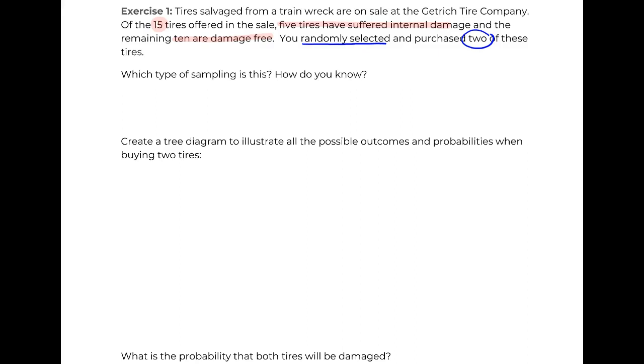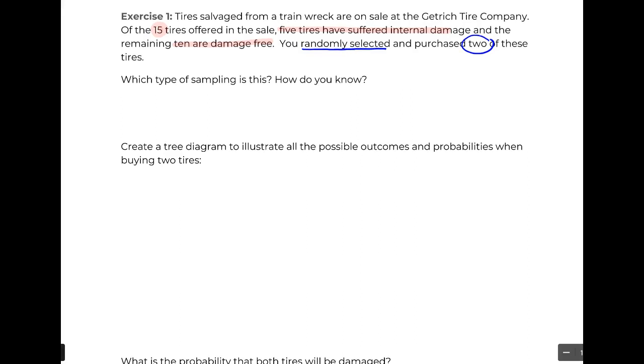So first question is, what type of sampling are we dealing with, sampling with or without replacement? Am I going to just look at the tire and decide if it's damaged or not, or am I going to take it and then put it back in the pile, or am I going to take it out of the pile? So hopefully you recognize that this is going to be without replacement.